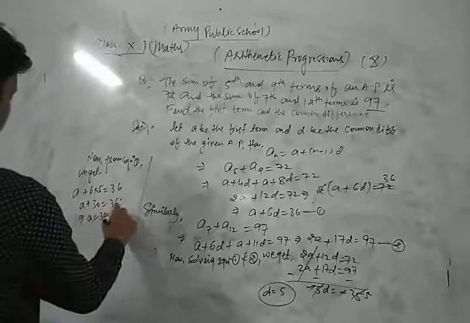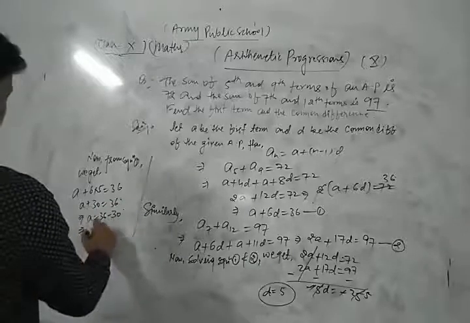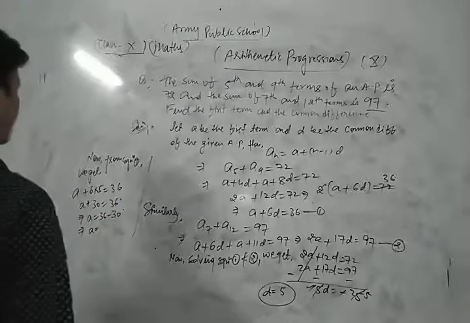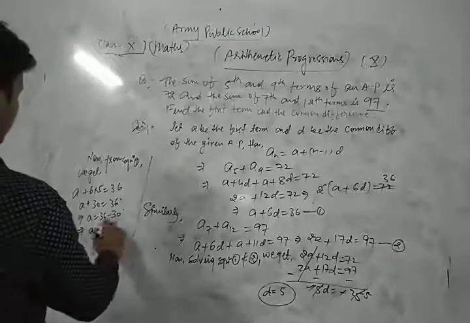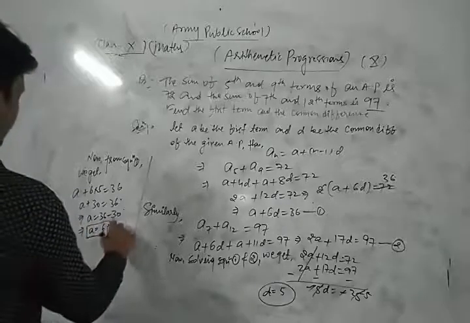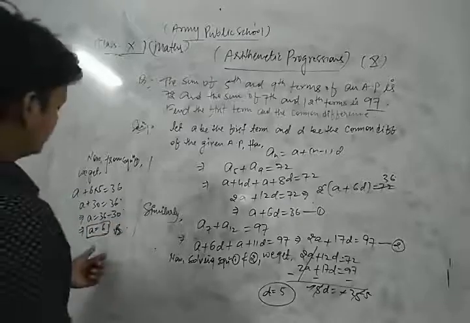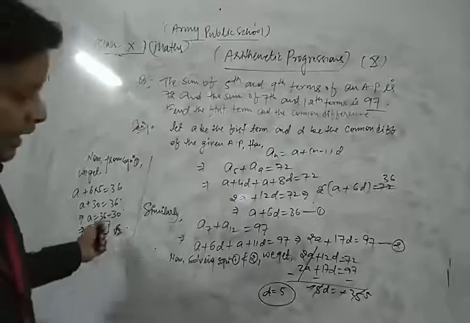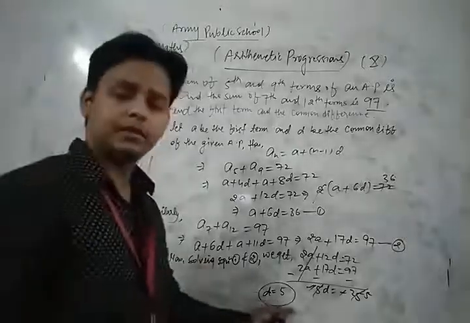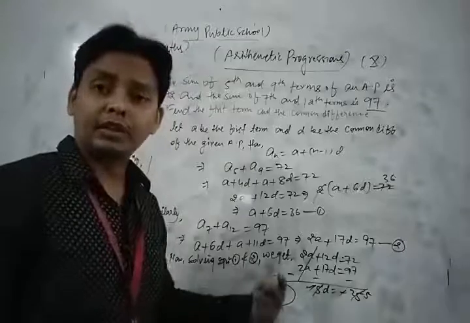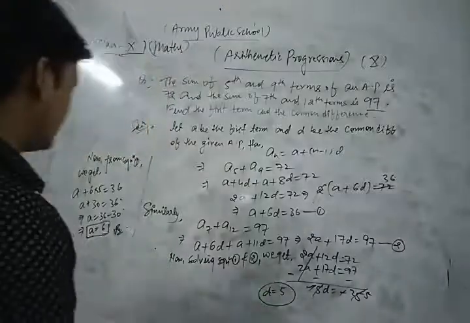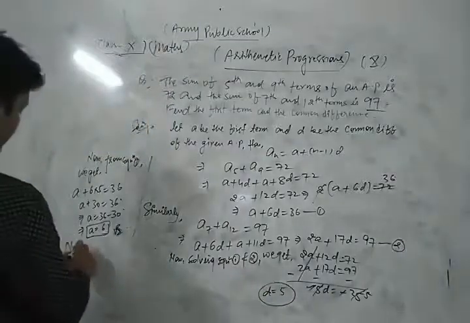A is equal to 36 minus 30, that is 6. Thus the value of A is 6. In this way, the first term of the given AP is 6 and the common difference of the given AP is 5.